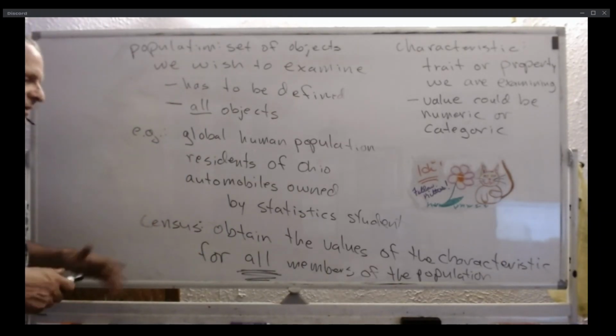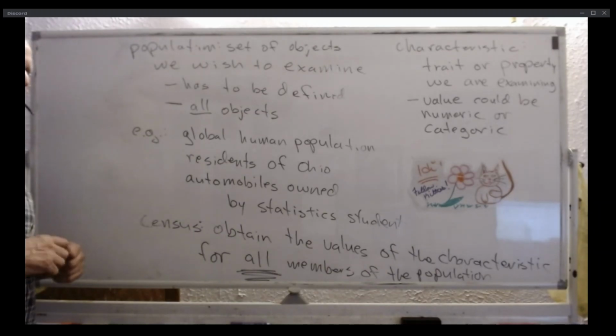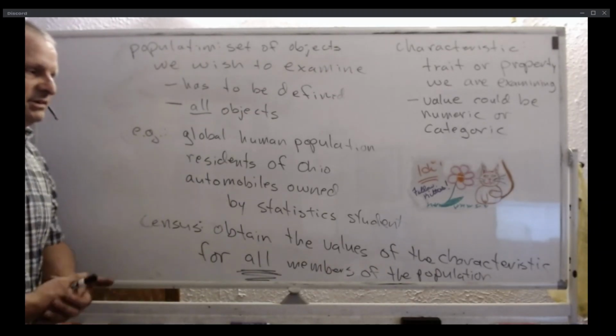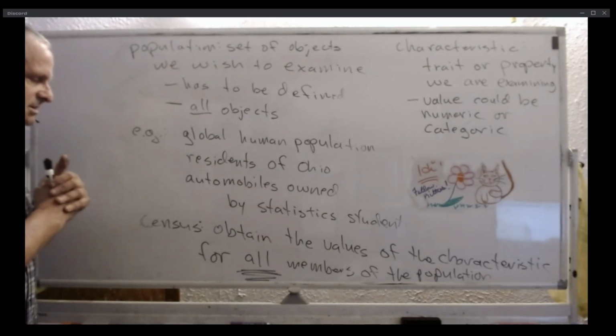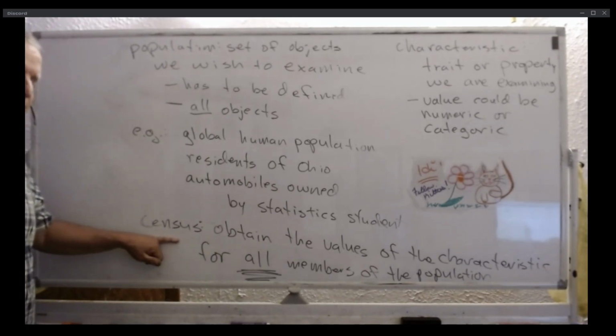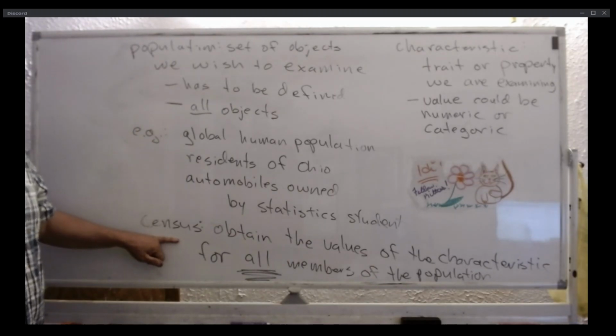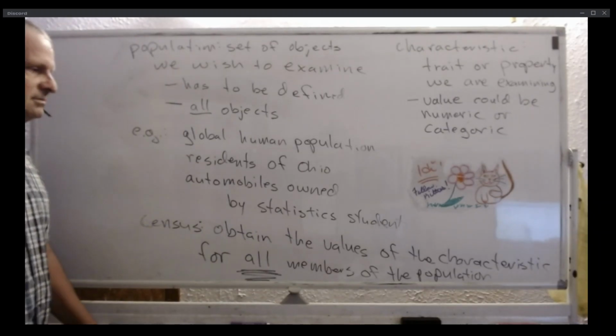So if the population is defined as all residencies in the United States, the Census Bureau does take a census, right? Or at least they try to. Does that make sense? Yeah. They go to everybody. They don't pick and choose. They go to everybody. Okay?